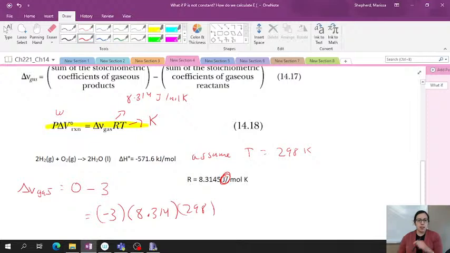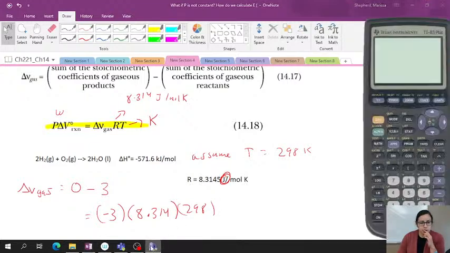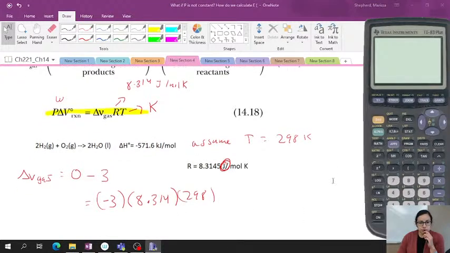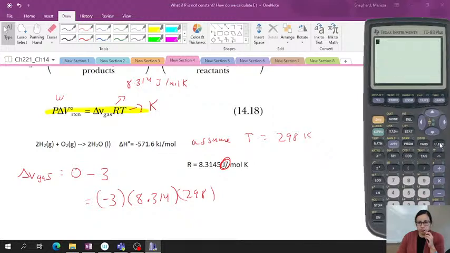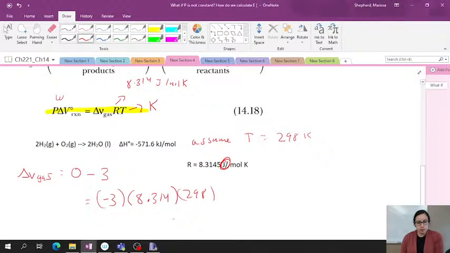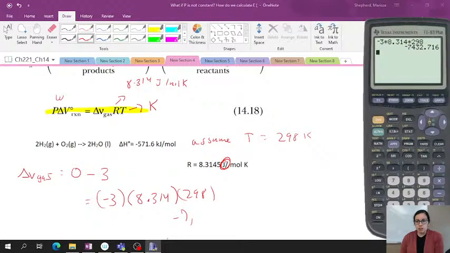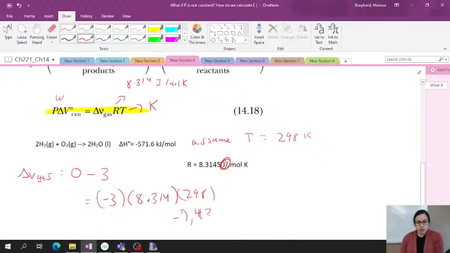So we have -3 times 8.314 times our temperature of 298. And then that gives us our work done, again in joules now. So -7,432 joules then.